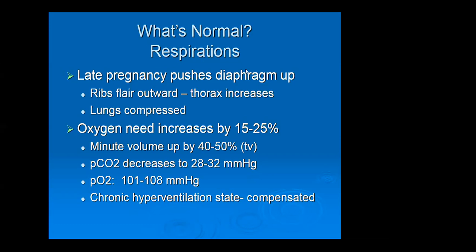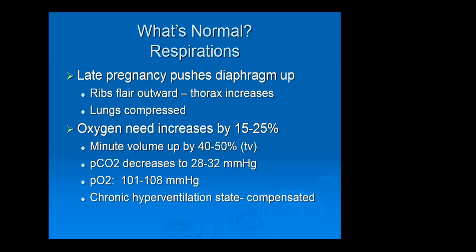and something that would need to be considered. Their PCO2 decreases to 28 to 32 millimeters of mercury, so that's a slight change you would keep in mind either in evaluating an end-tidal or a lab value, and realize that theirs would naturally be a lower PCO2 reading. And then PO2 jumps to 101 to 108, so just a little higher than what we would normally expect.